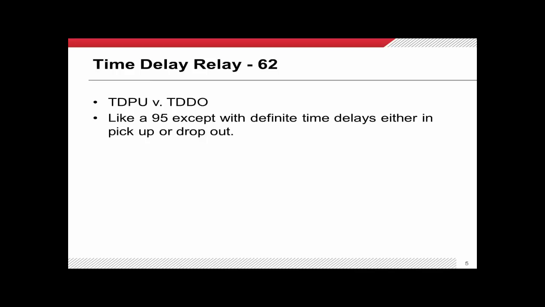So you close the contact to energize the coil, and say you've got it set for 10 cycles, it will not change state for 10 cycles. But then say there's a dropout delay on it, it's changed state, then you remove the source of voltage to its coil, it will stay picked up for that dropout delay.